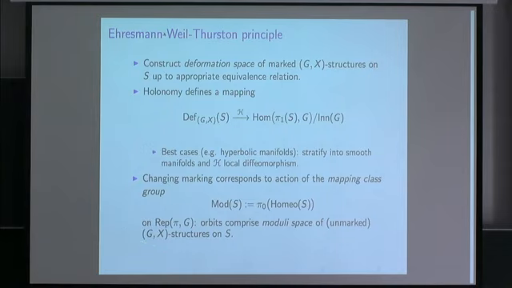Changing the marking corresponds to the action of the Out of pi_1 of S on this representation space, and the mapping class group acting on the deformation space of geometric structures. So these are the objects that I want to study, and in many cases, just the algebraic problem of studying the space of homomorphisms can be profitably understood in terms of thinking of geometric structures.